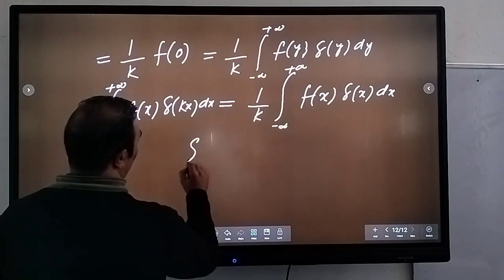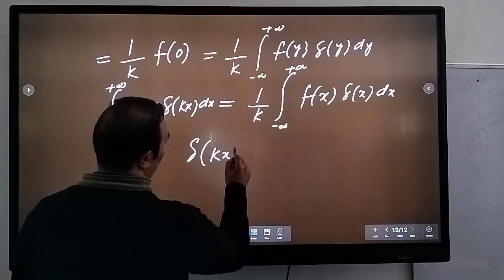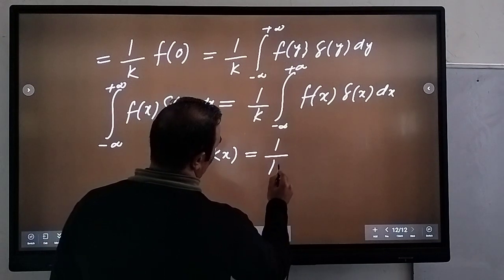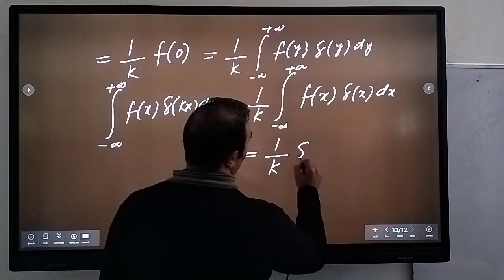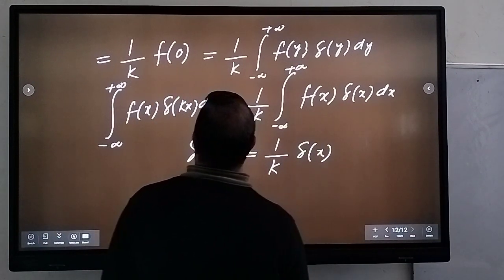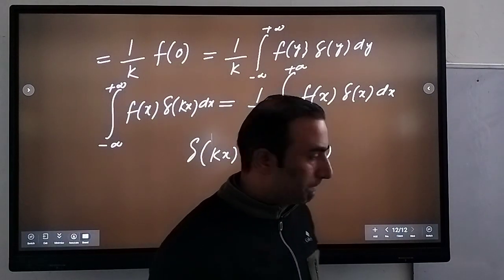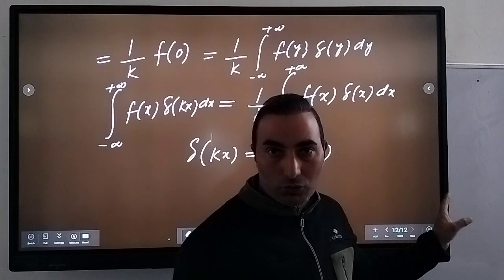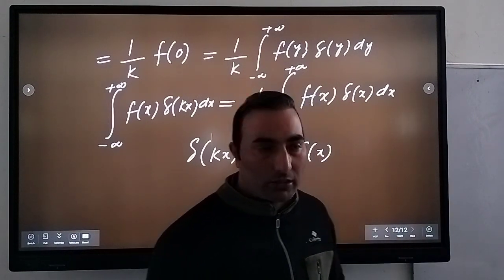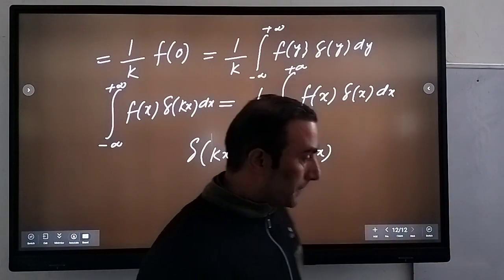So that means from here delta kx is equal to 1 by k delta of x. Okay, so this is what we do. I can do some problems on this also, so maybe in our coming lecture in classwork I can show you some problems.